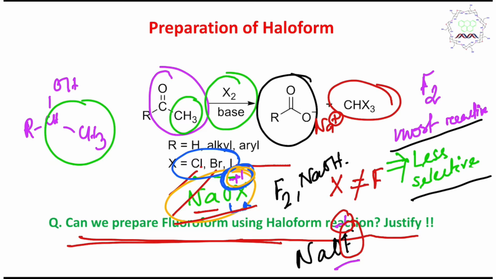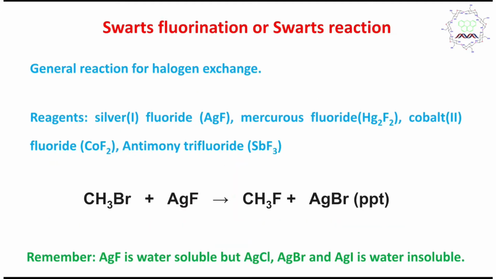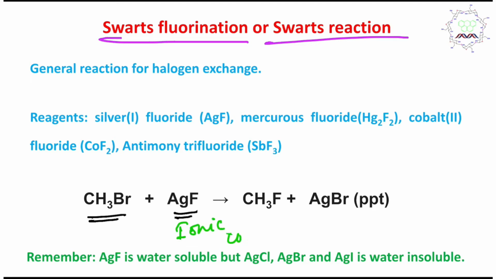I believe you understand why we can't prepare fluoroform directly using the haloform reaction. But isn't there any way? Don't worry, when there is a problem, scientists always try to find a solution. The solution is Swarts fluorination, or the Swarts reaction, which we learned in class 11-12: if you treat methyl bromide with silver fluoride, an ionic compound, it can provide F minus.